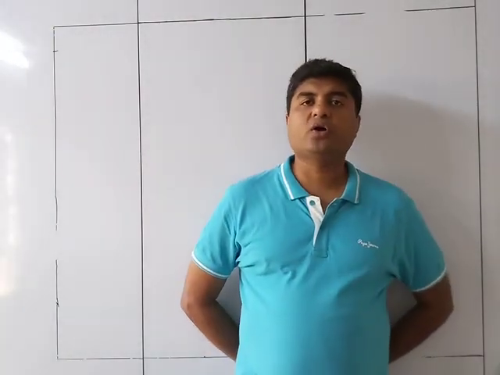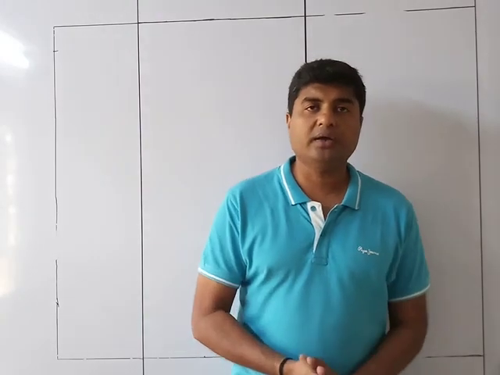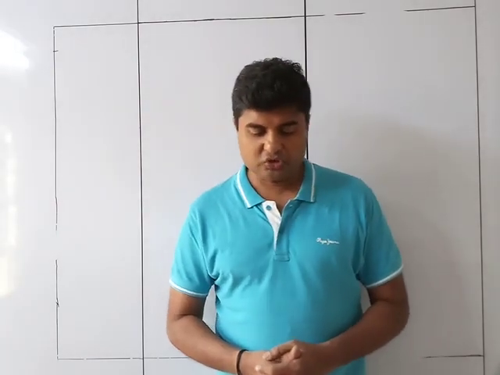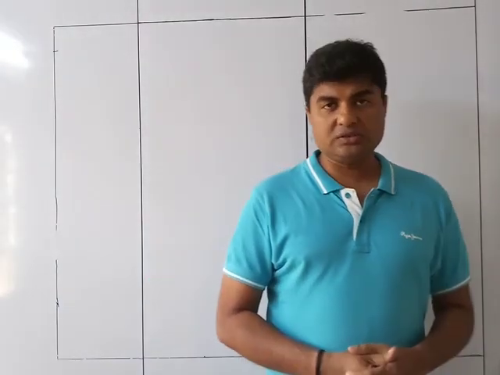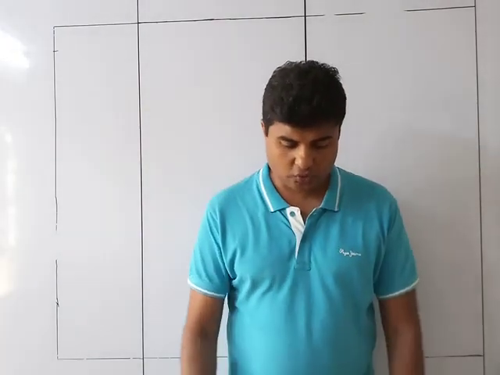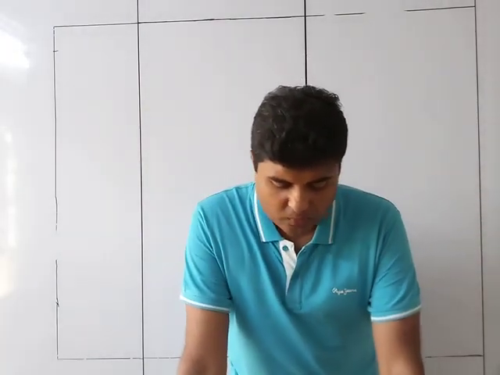In the 18 columns, the first group is called the alkali metals, and the second one is the alkaline earth metals. The 17th is the halogens, and the 18th is the inert gases or noble gases. So those are the basic ones.